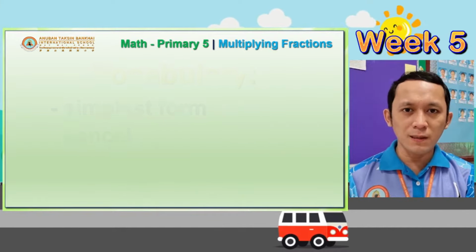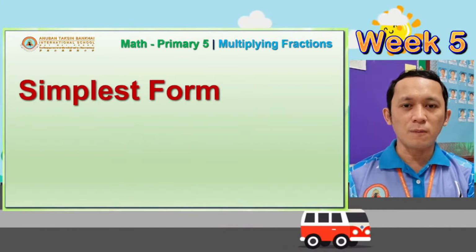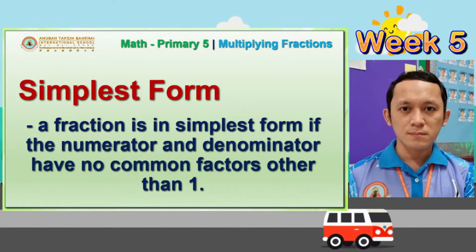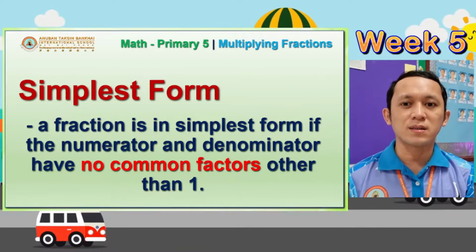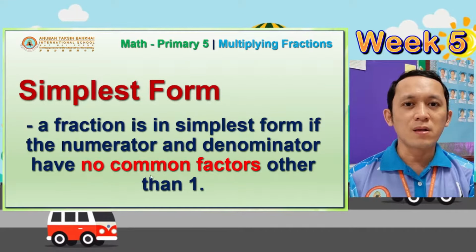Now, what do you mean by simplest form? A fraction is in simplest form if the numerator and denominator have no common factors other than 1. You could see here the highlighted words, no common factors.